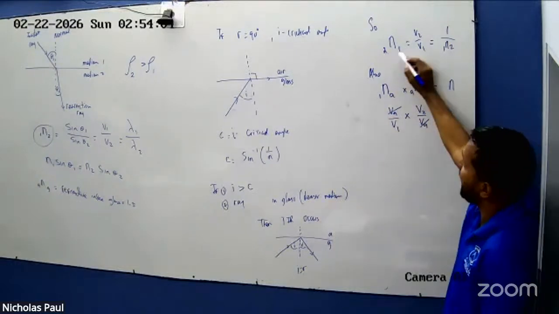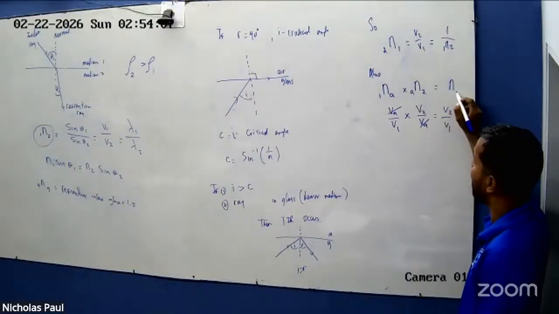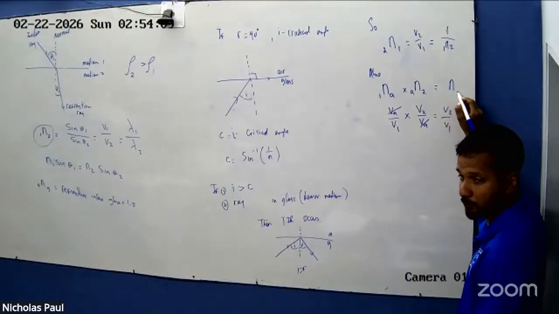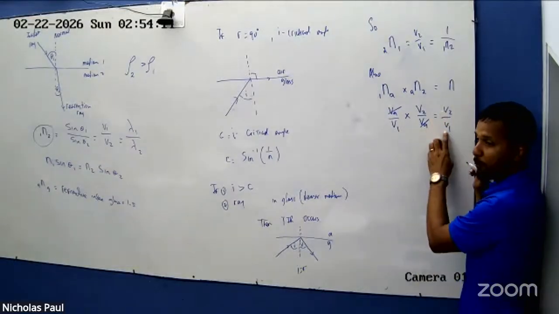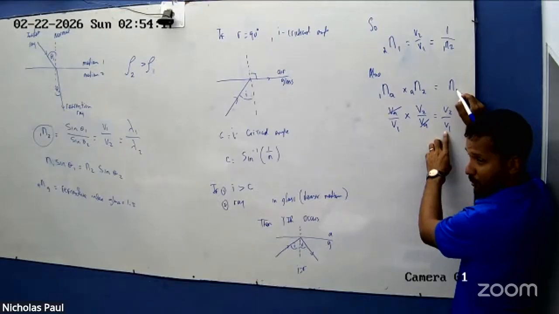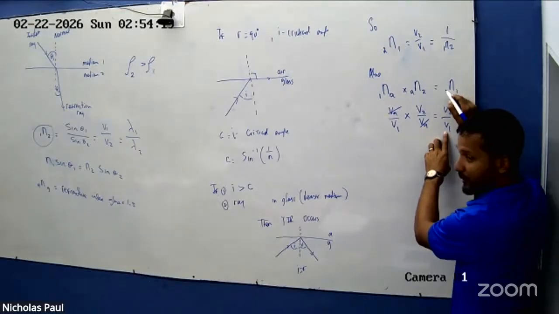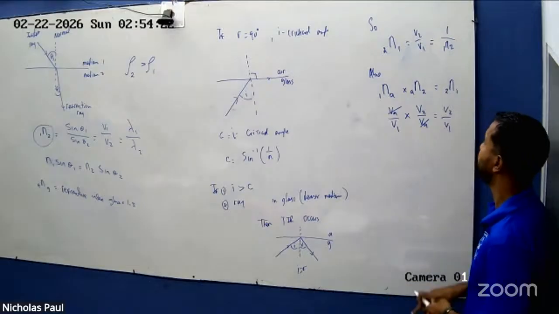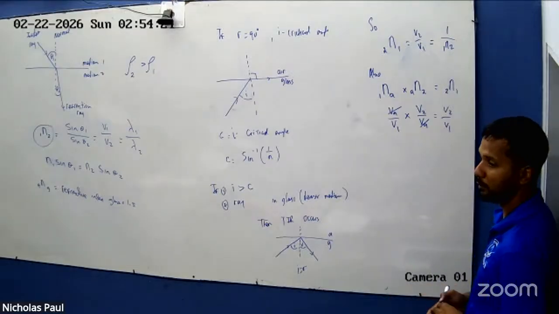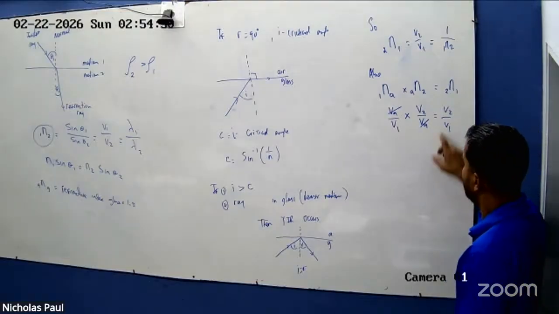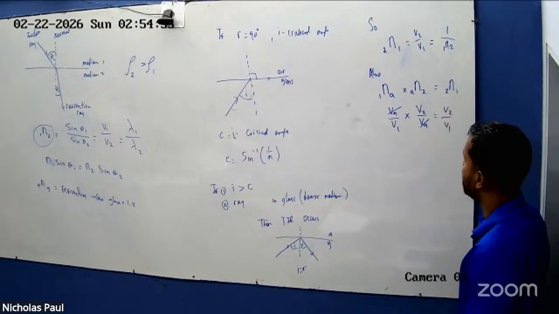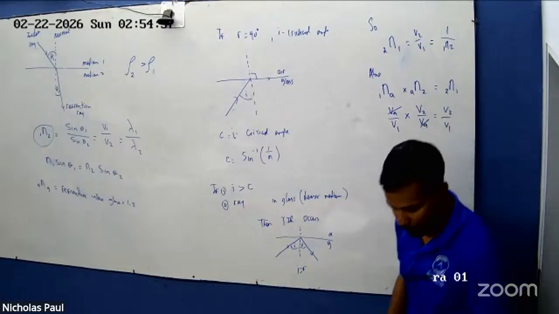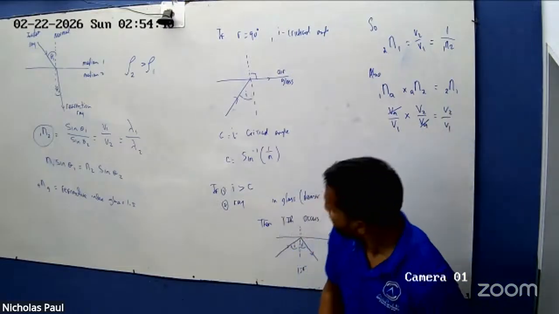I want you to get in the habit of writing it like this: refractive index of what, with respect to what? It's going from medium 2 to medium 1. There are some small things to remember. So from this now, we can jump into a small question.